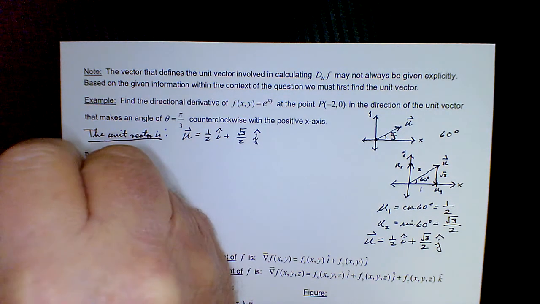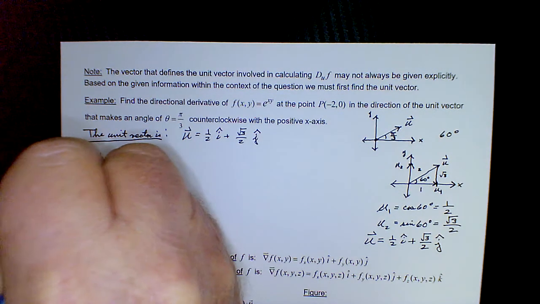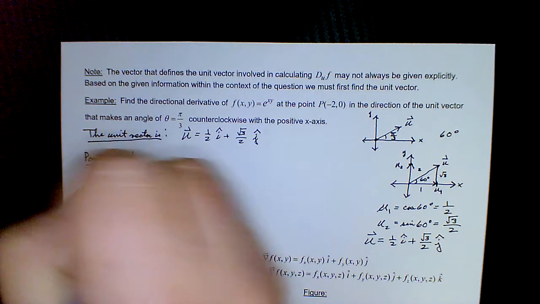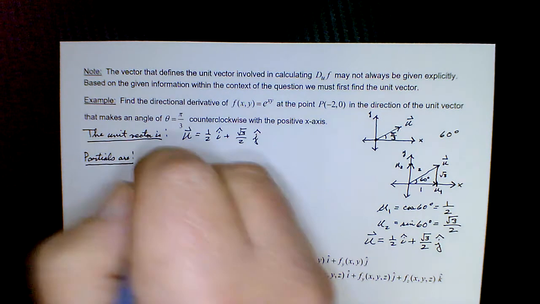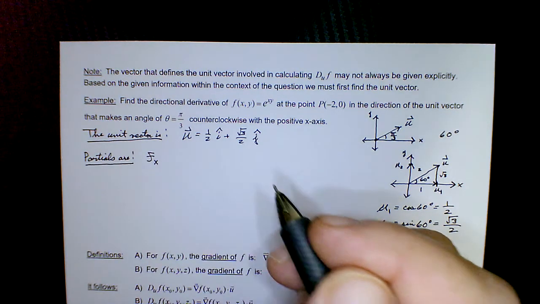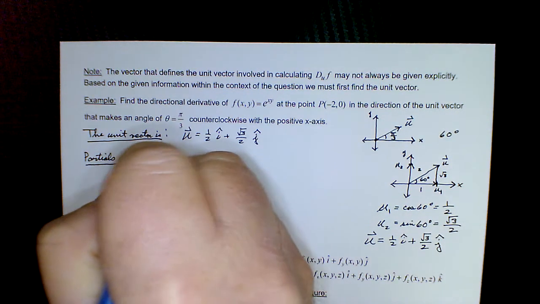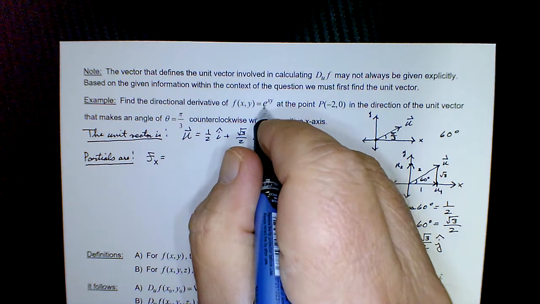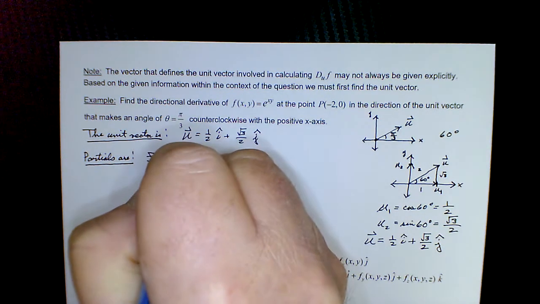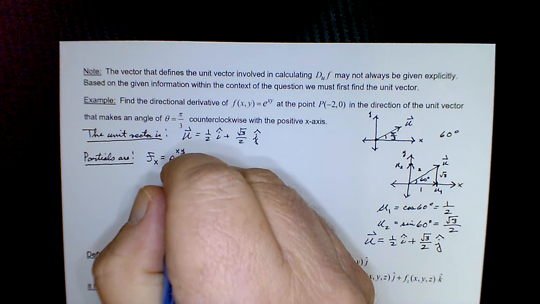Okay, and then we're going to need some partials. So the partial derivatives are, okay, this is a function of x and y, so with respect to x, y is a constant, so we'd have the formula for e to the u, so e to the xy, but then times the derivative of the power.